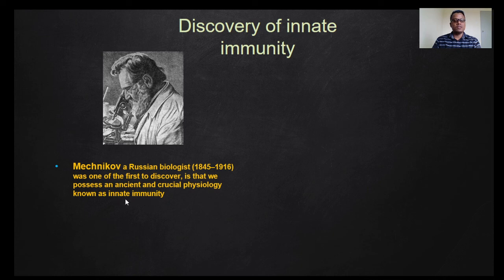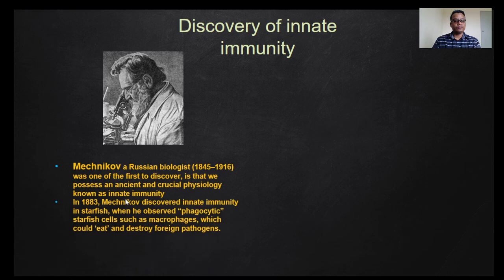Innate means we are born with it or it happens naturally. In 1883, Metchnikoff discovered innate immunity in starfish when he observed phagocytic starfish cells such as macrophages, which could eat and destroy foreign invaders or pathogens.